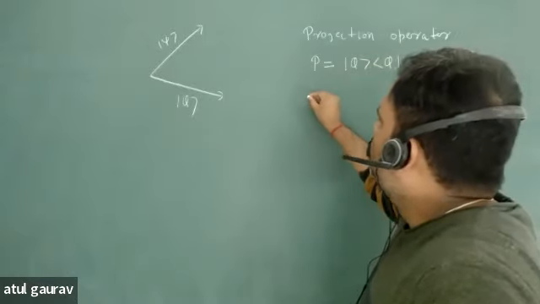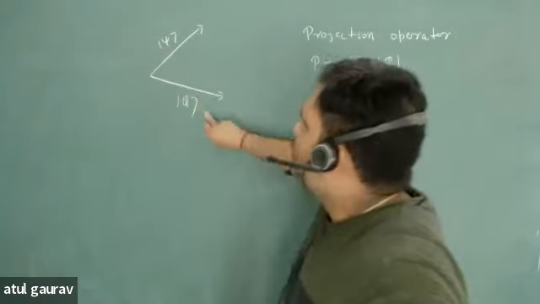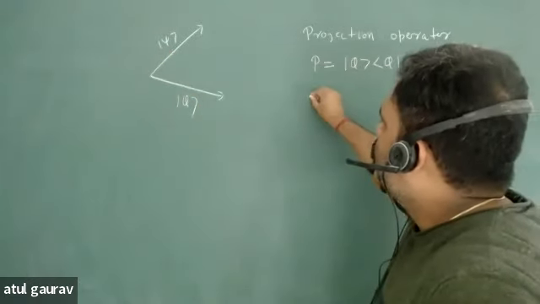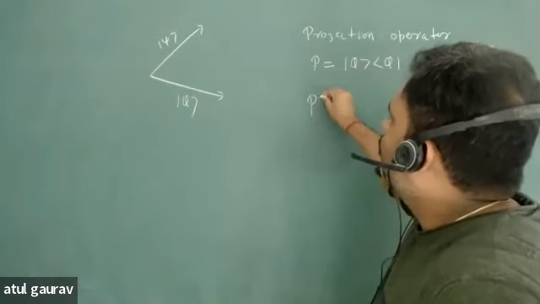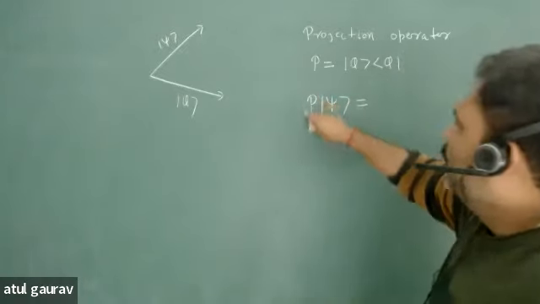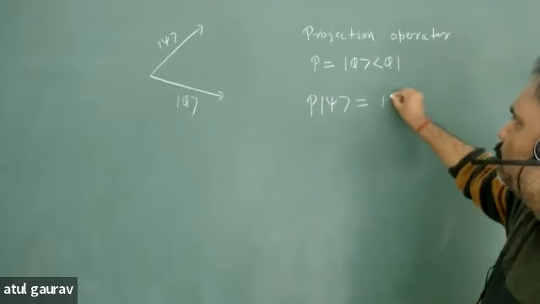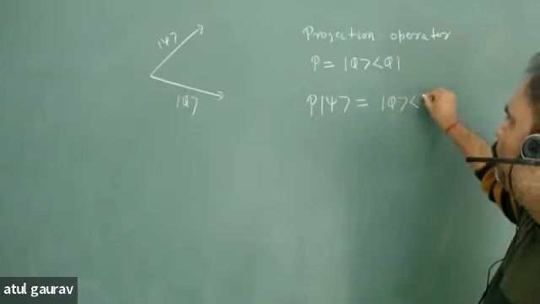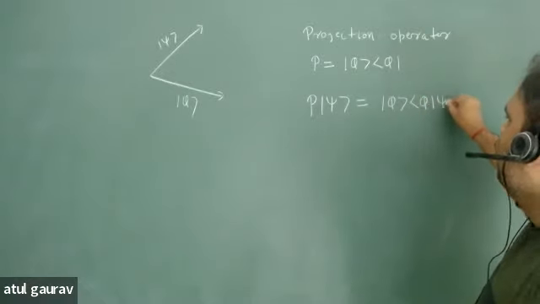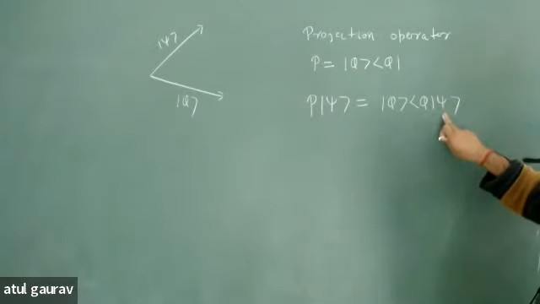We want to project psi in the direction of phi, so we will operate P on psi. And what is this P? This is |phi><phi|, so it will operate on psi.